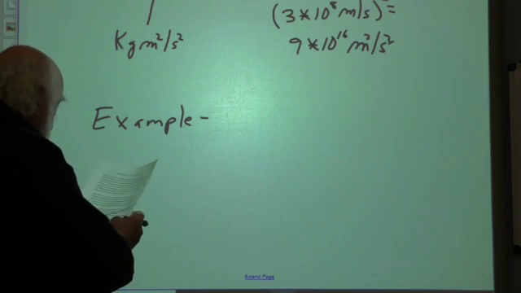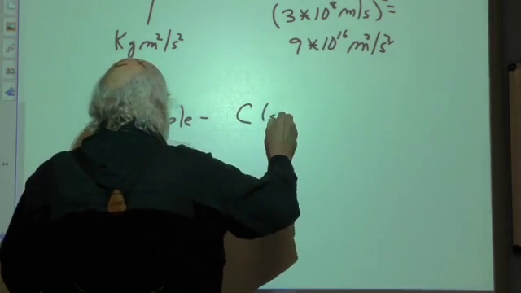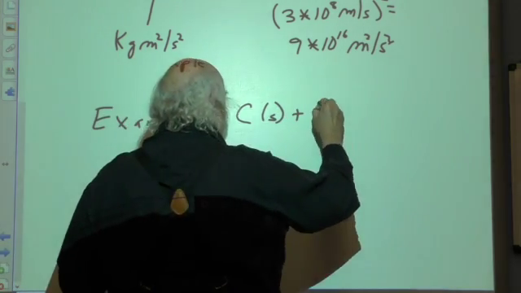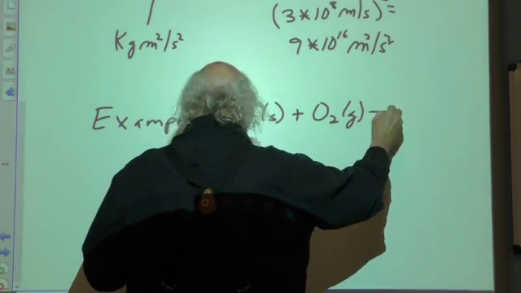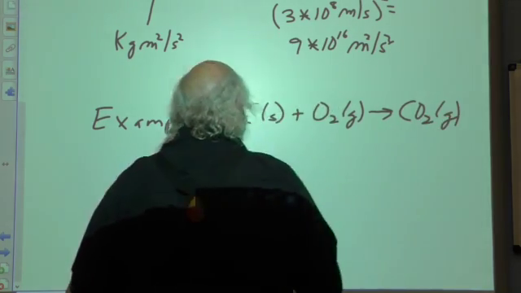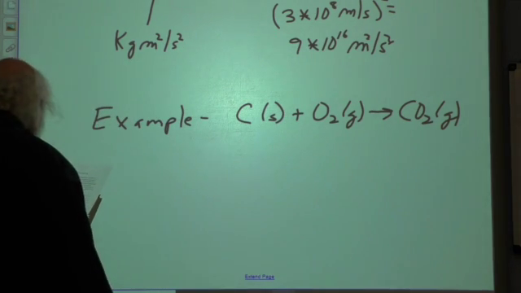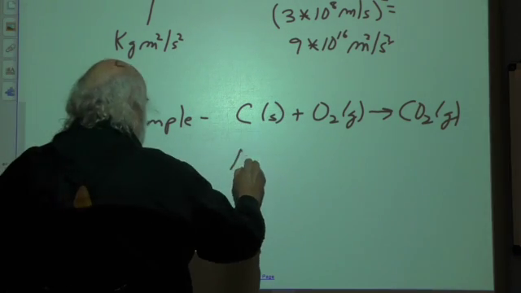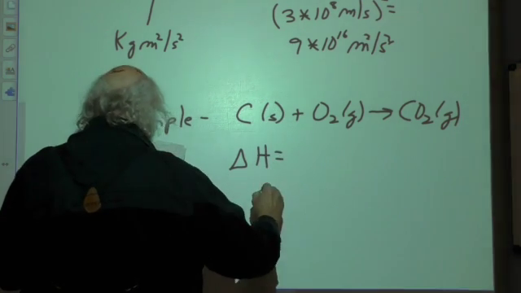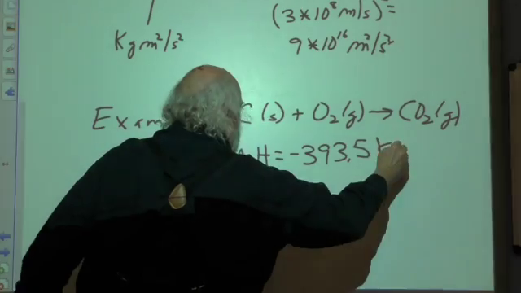It says to calculate the energy of 1 mole in the equation C solid plus O2 gas yields CO2 gas. The 1 mole of carbon is involved in this. And the delta H for this, and this is the key to this, is negative 393.5 kilojoules per mole.